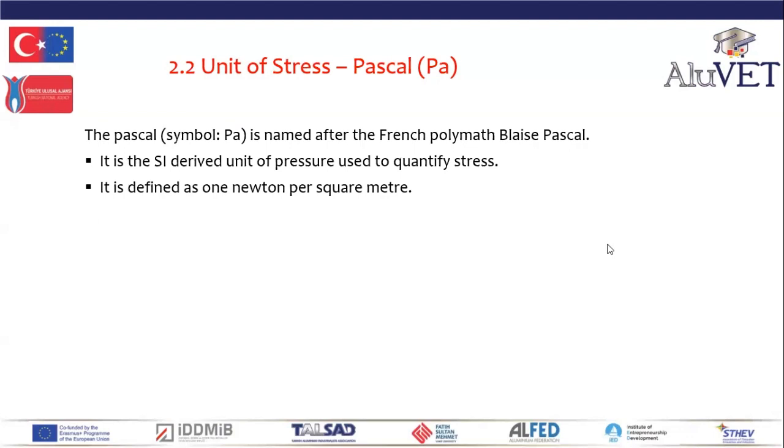Now the Newton gives us a measure of force, but as we have seen with the effect of a weight hanging on a filament, for engineering design, the cross-sectional area of the filament has to be considered. The Pascal, symbol Pa, is named after the French polymath Blaise Pascal, and the Pascal is the SI derived unit of pressure used to quantify stress.